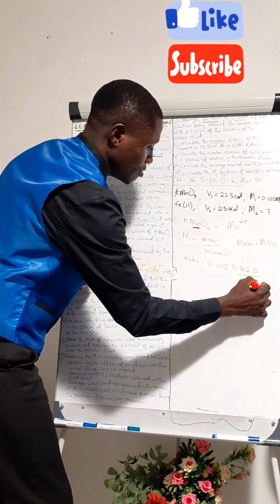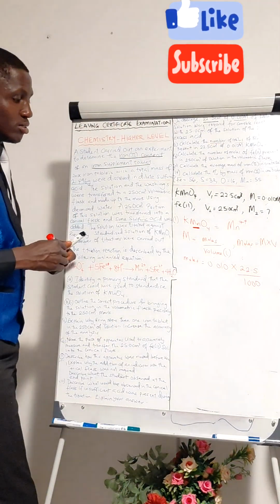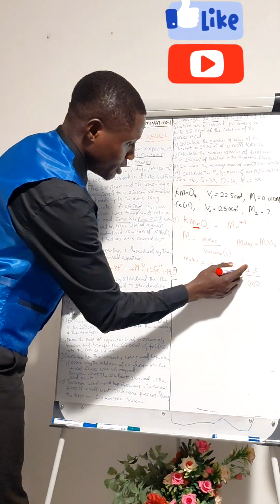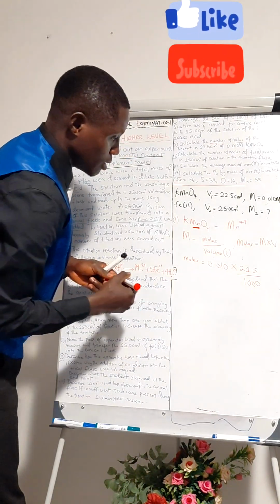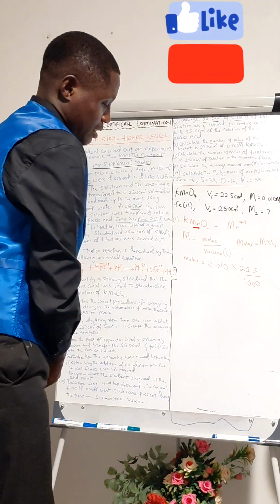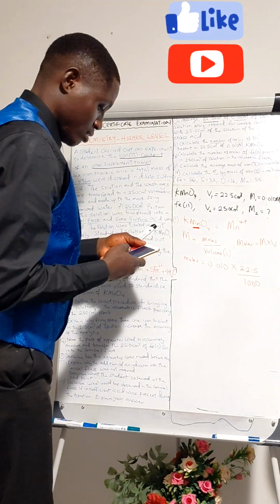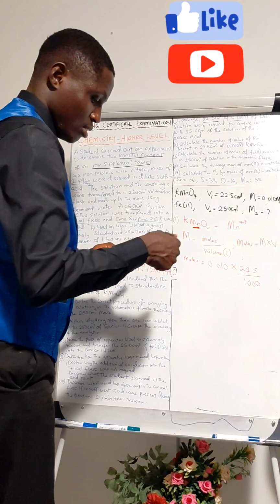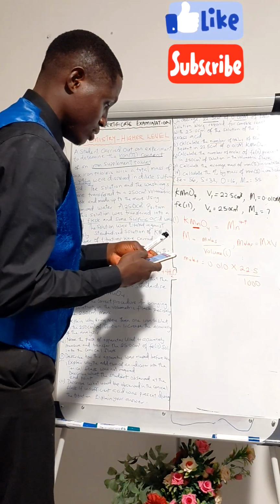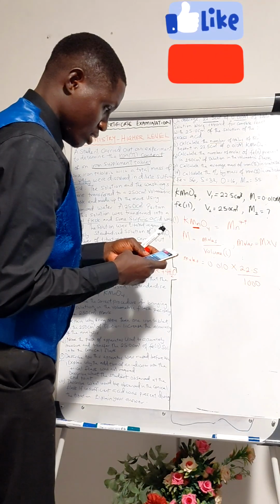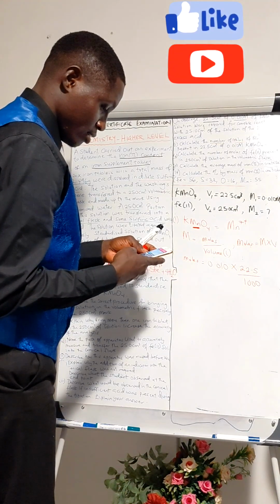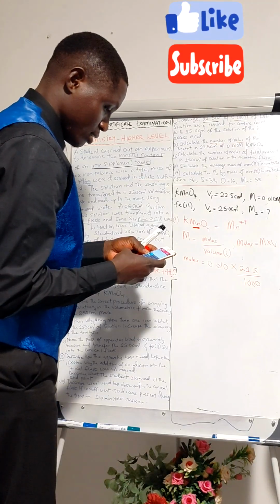Let me just use the calculator: 0.010 times 22.5 divided by 1000.